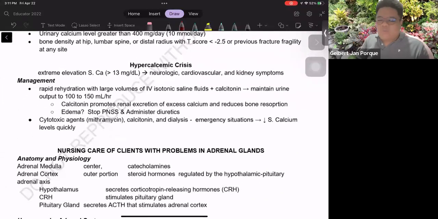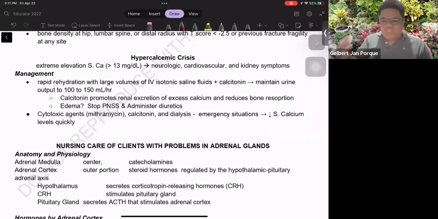That's why class, even in post-op, ang education natin, move. If you're the patient, you need to move as early as possible. Hindi sagad ka stay on bed if kaya mo maghulag because that will be helping to prevent complications.